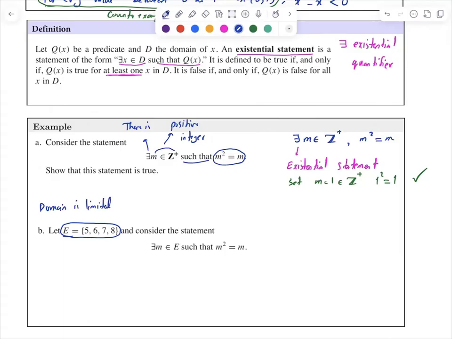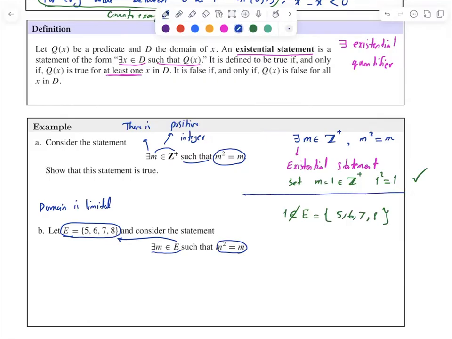Consider the statement, there exists a value in this domain such that m squared is equal to m. So I cannot use 1. 1 is not acceptable. 1 is not in domain E, which includes 5, 6, 7, and 8.